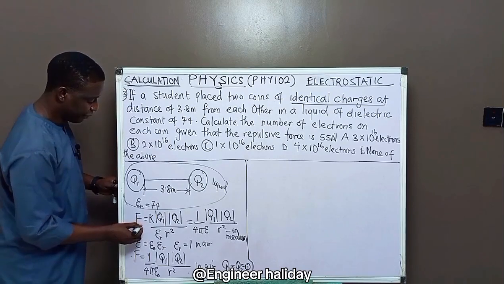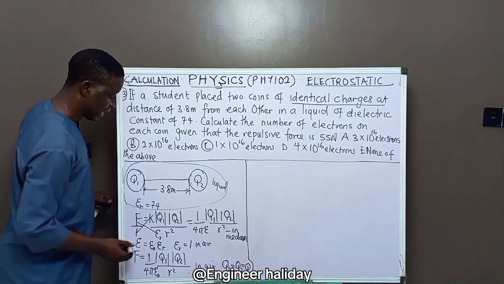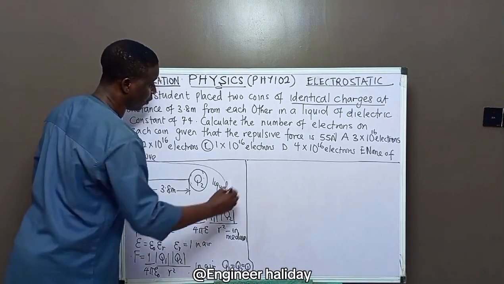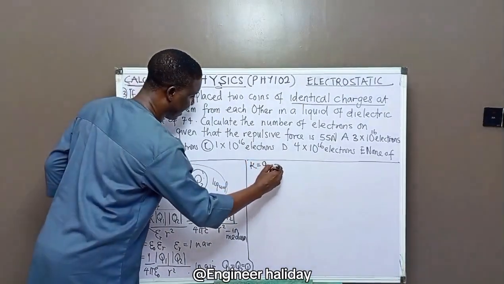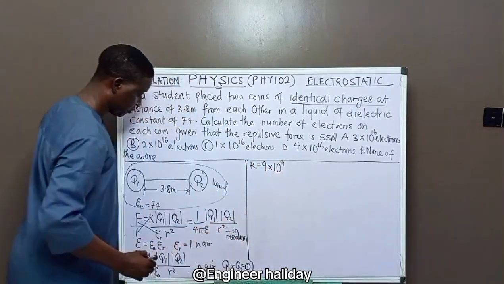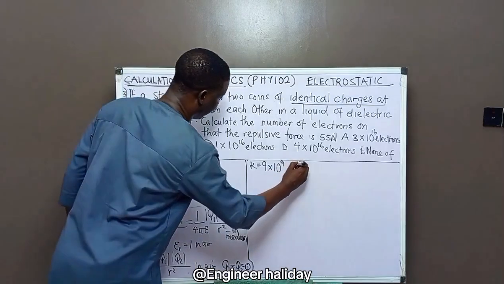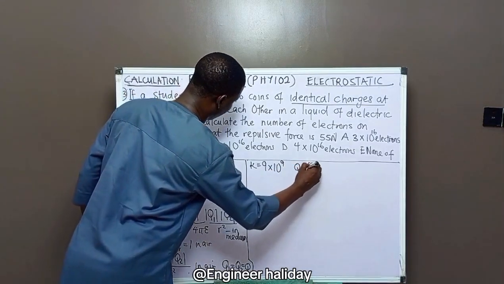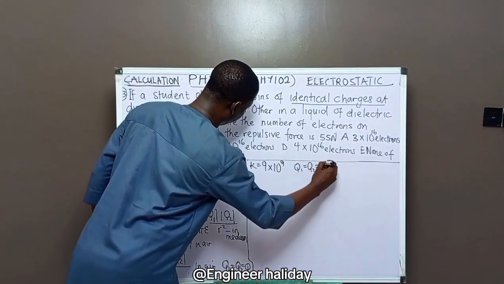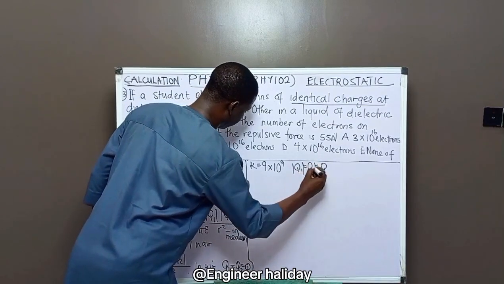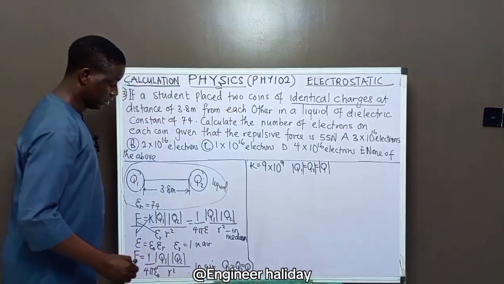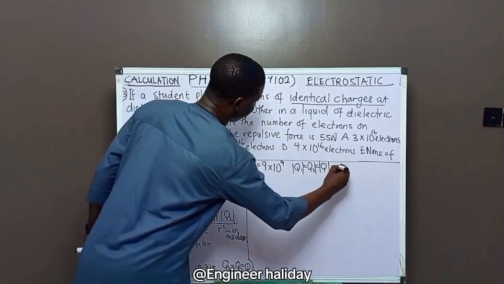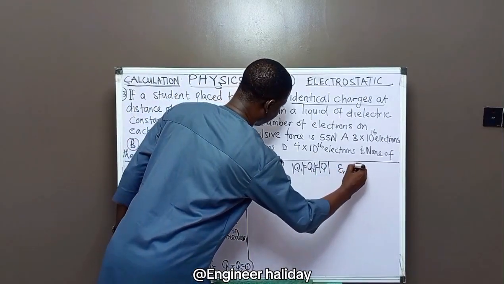So if you make F the subject of formula by cross multiplying, don't forget our K is 9 times 10 power 9. Then our Q1 equals Q2 equals Q, absolute in terms of magnitude also. Then we have our relative permittivity as 74.